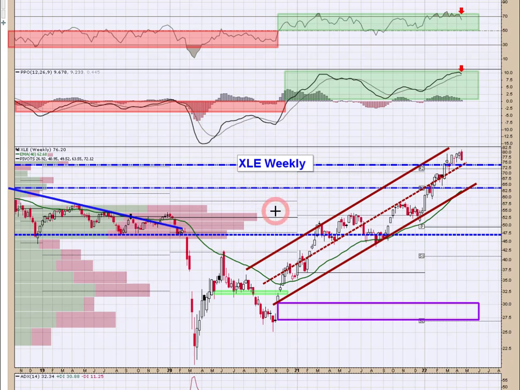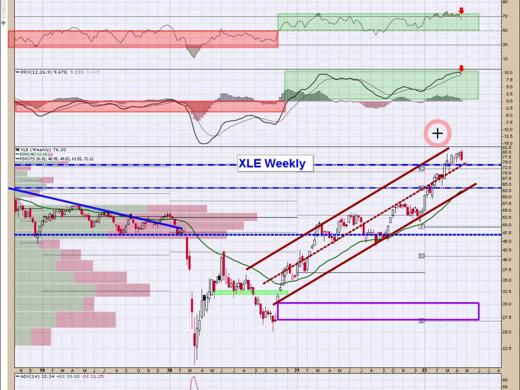Here is energy. We all know energy's been on a tear. We had a bearish engulfing candle last week on energy where the high and the low completely engulfed the prior week's trading range. I really think last week, and I think we said it Thursday and Friday, no place to hide.